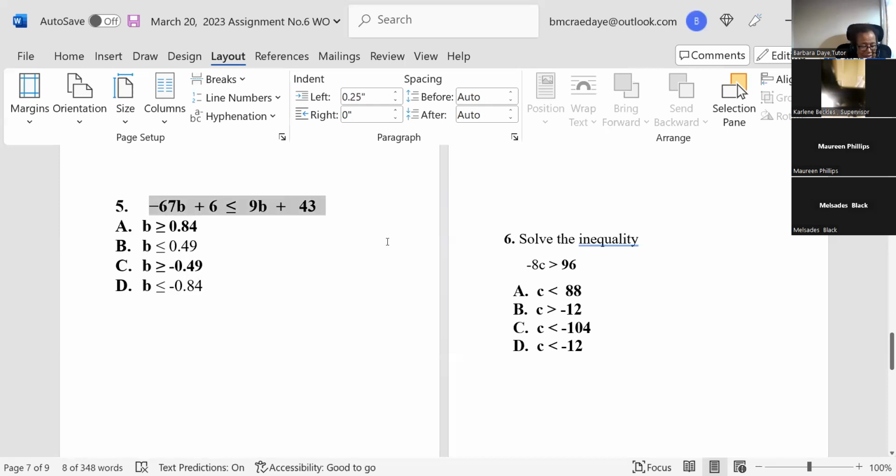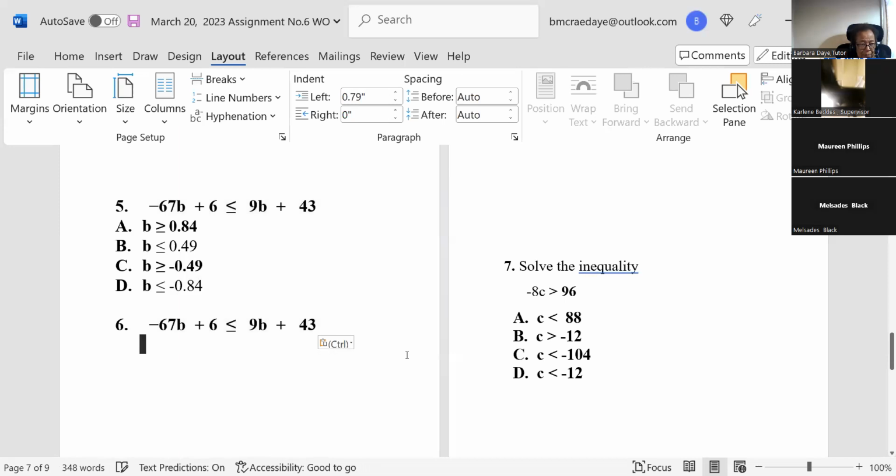You can use your calculator on it. Maureen, did you get your calculator? Not yet. Well, you can use the calculator on your phone. It's because this is just a division. It's not like a square root or anything.